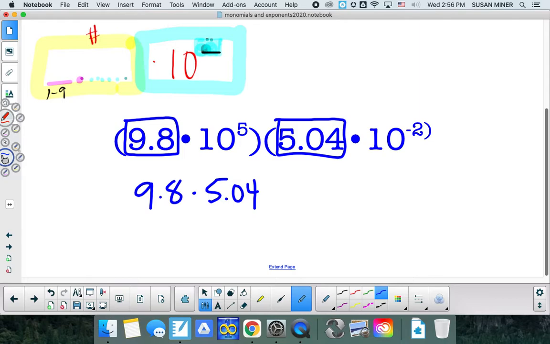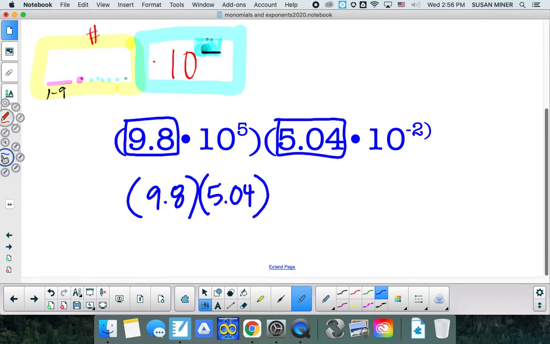I don't want to get confused with which is decimals and which is the multiply sign, so I'm going to put these in parentheses, and we'll multiply them together like this. The very first thing is I just rip my constants off of the scientific notation, and I multiply them together.